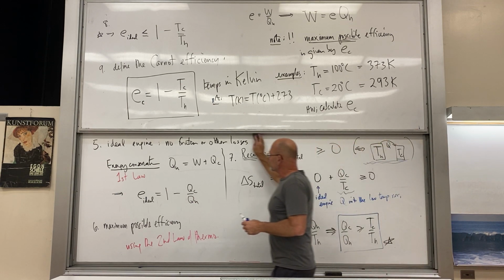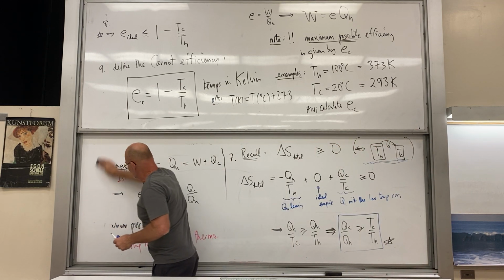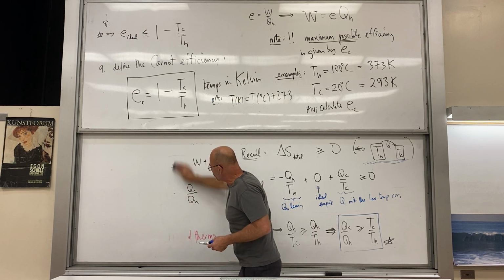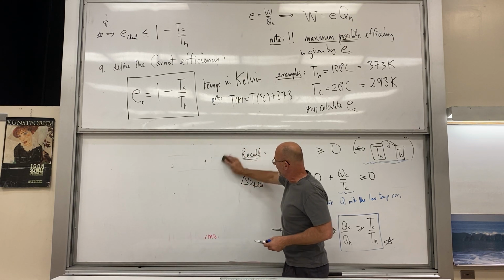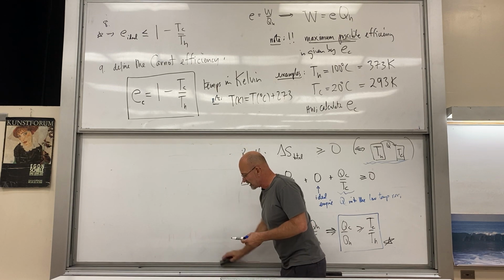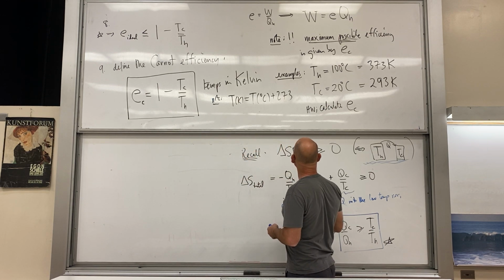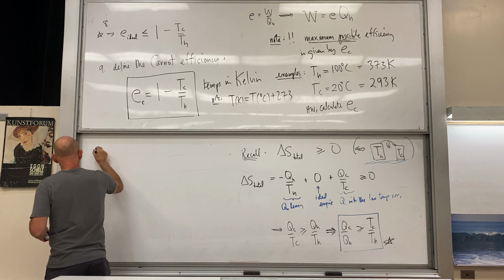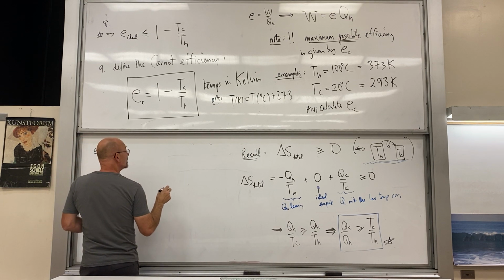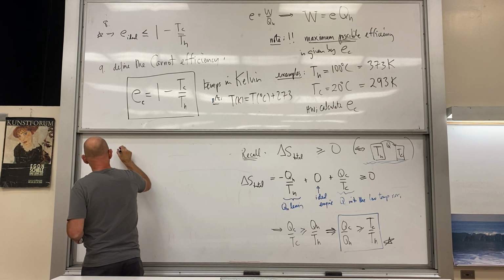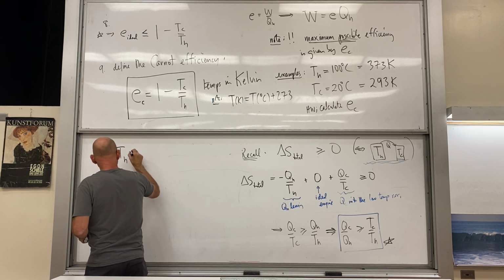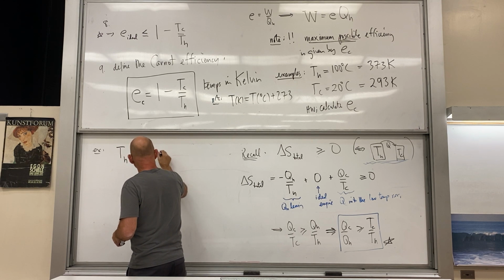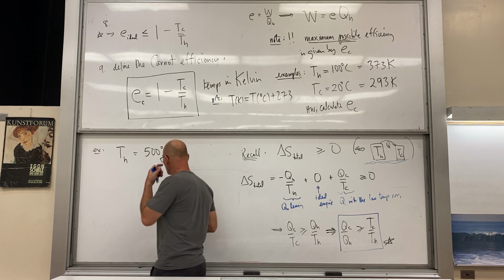Okay, let me go ahead and erase this. So I'm going to leave room in your notes. You guys have a calculator. You get the actual numbers. So the next example would be TH equals, let's just say we had 500 degrees Celsius.